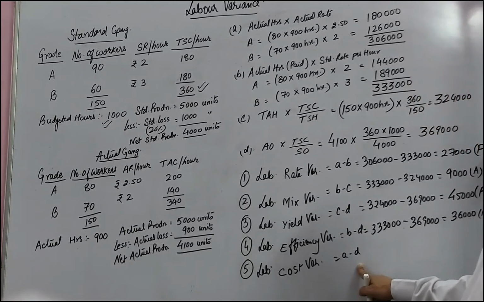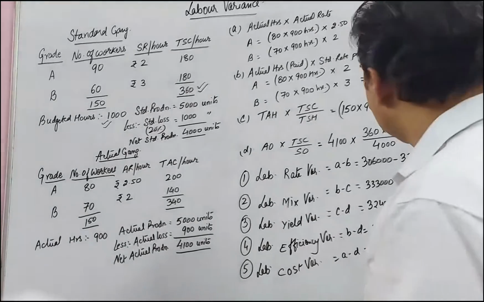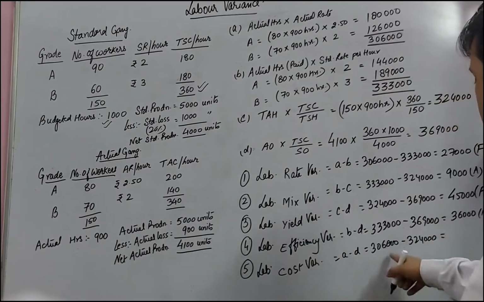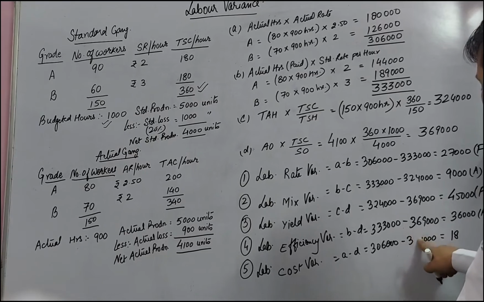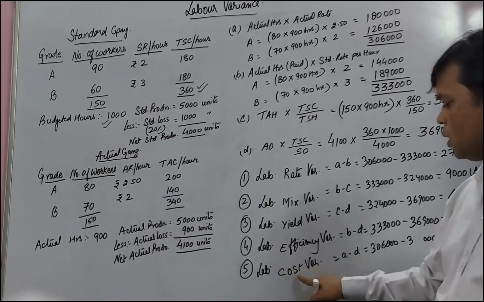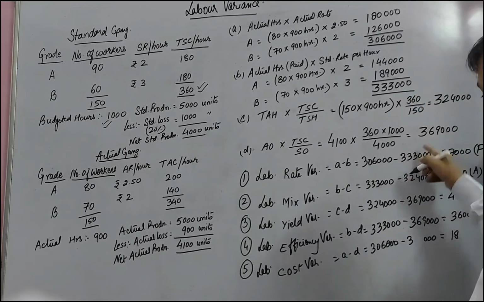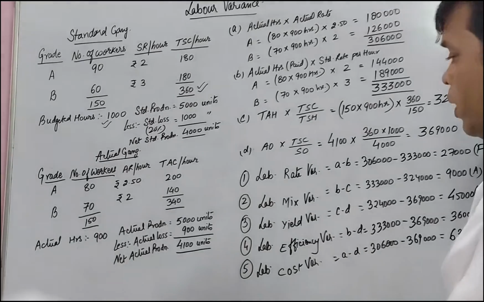And labor cost variance A minus D. On A we have calculated 3,06,000 and on D we have calculated 3,69,000. Labor cost variance would be A minus D, 3,06,000 minus 3,69,000, and the answer would be 63,000 negative. 63,000 negative means 63,000 favorable, right?